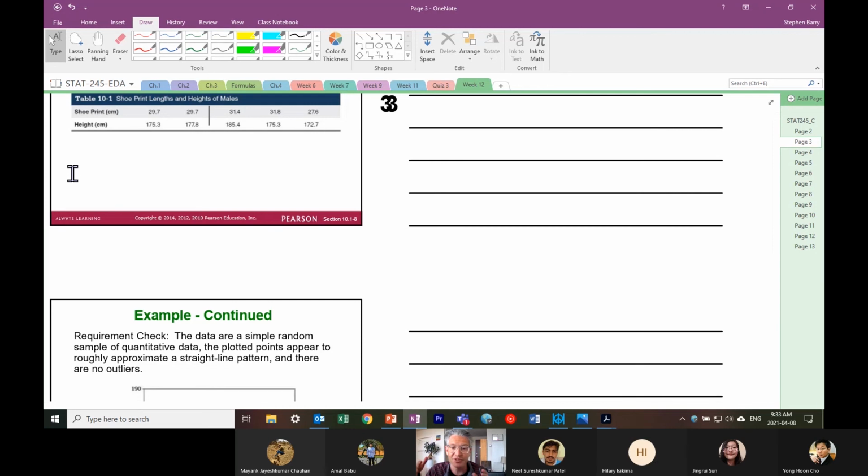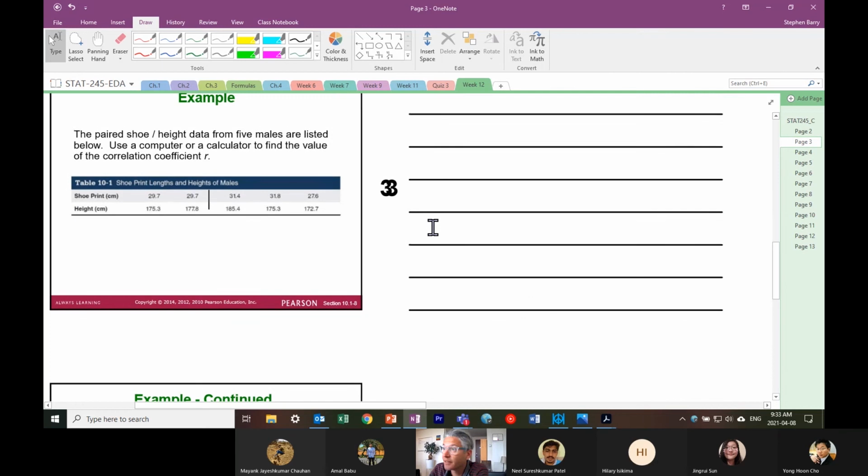Like if I just found somebody's shoe like a detective, could I tell you how tall the person is? Or can I predict how tall somebody is based on their shoe size? But as you all know, there's people that have big feet that aren't that tall, and there's people that are tall with smaller feet. But the question is in general, is there a correlation between people with big shoes and tall?